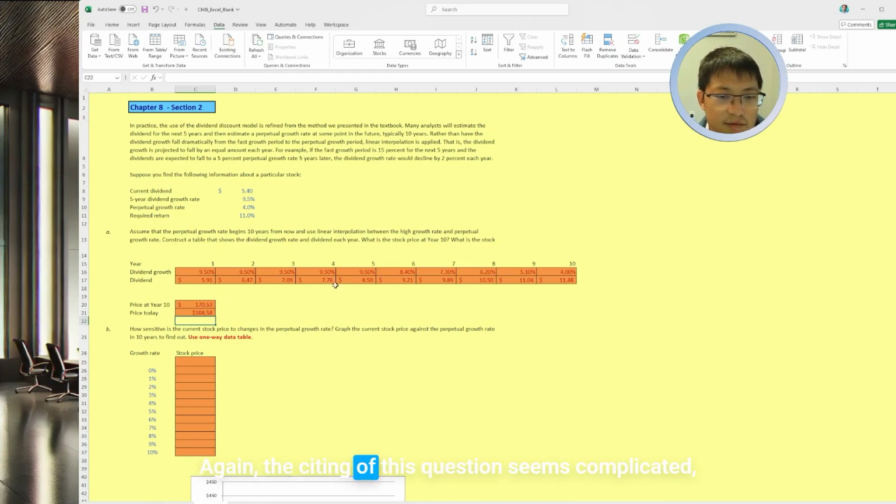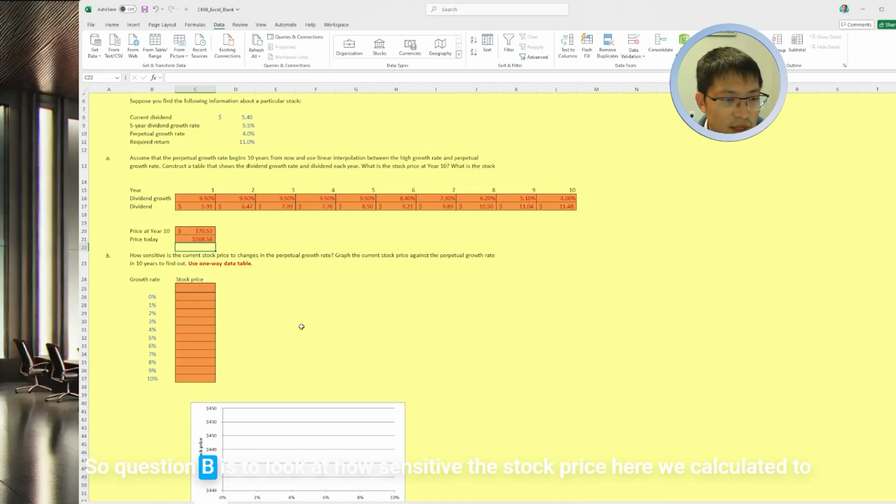Again, the setting of this question seems complicated, but the whole process is much easier to understand. So question B is to look at how sensitive the stock price is to the change in this long-term growth rate, which is 4%. So we can do it using a data table.